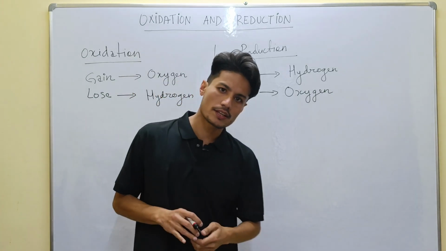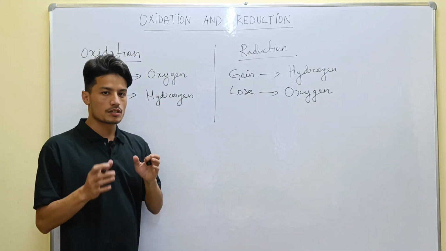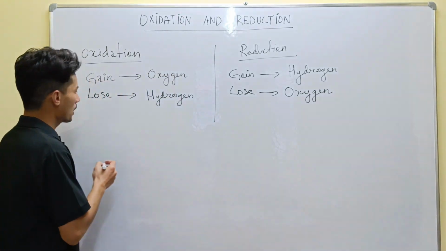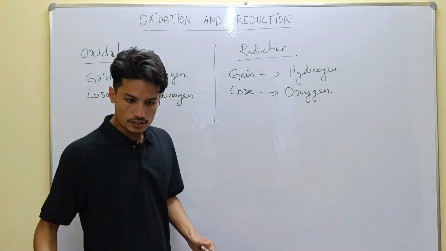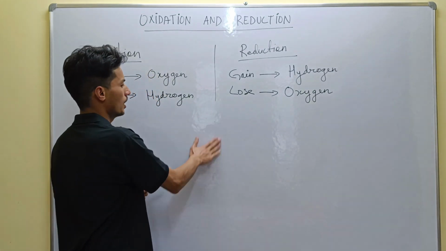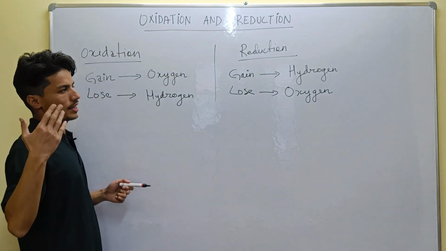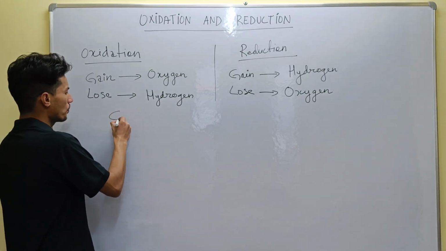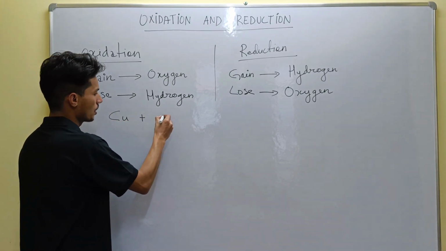It will be more clear, and it gets more interesting when we do chemical reactions. So let us do some chemical reactions here. Now I'll be discussing the examples from the textbook. We have the first example: copper plus oxygen.